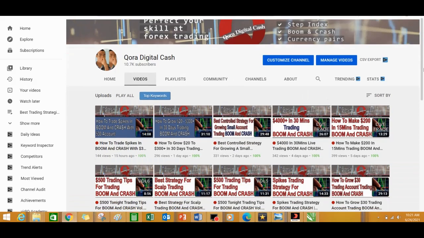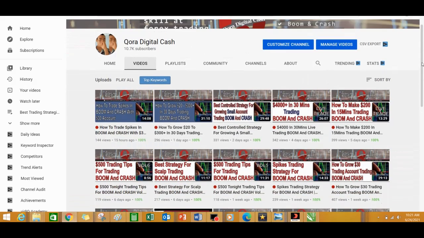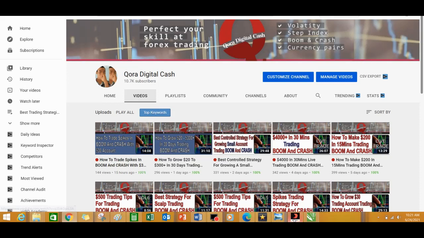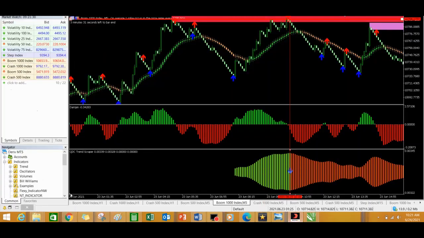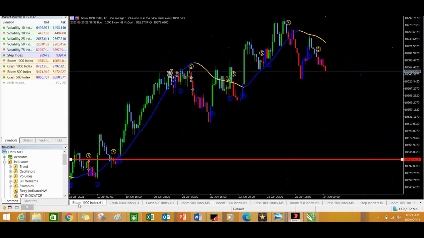Quickly, we'll be looking at the market first before going into what we have for today. Let me start with Boom 1000, and I'm using the signal indicator for this. As we can see, with the signal indicator we are on a downtrend at the moment, but we need it to break this support level.